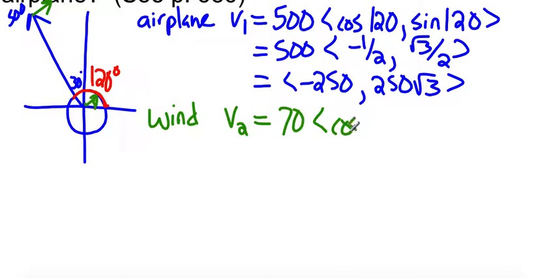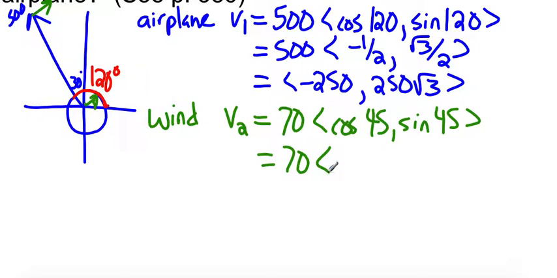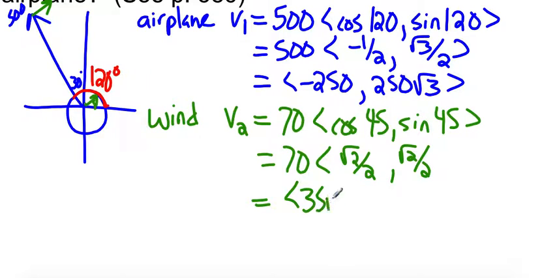So cosine 45, sine 45. Again, I want exact values because I need to do calculations with these. So this is root 2 over 2 and root 2 over 2. So my wind is 35 root 2, 35 root 2.